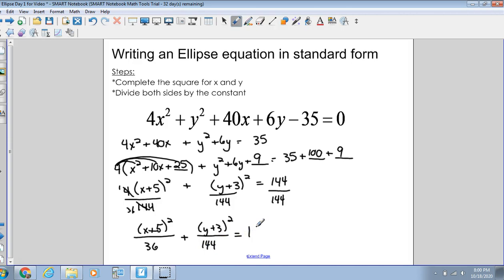And I didn't mention it on the other one, but we could tell from this what would be the center. This particular one would be a vertical major axis, a vertical ellipse. On the previous one, since the bigger number was underneath the x, that would be a horizontal ellipse with a horizontal major axis.